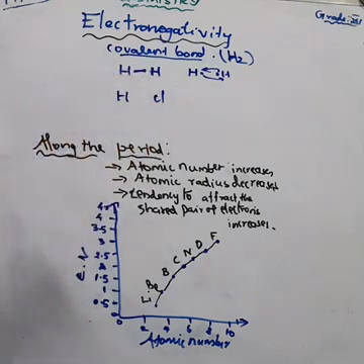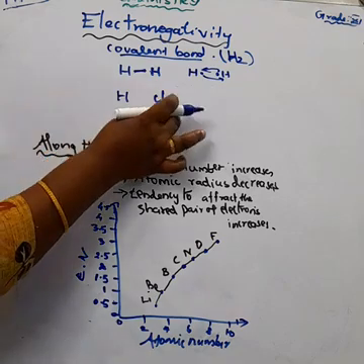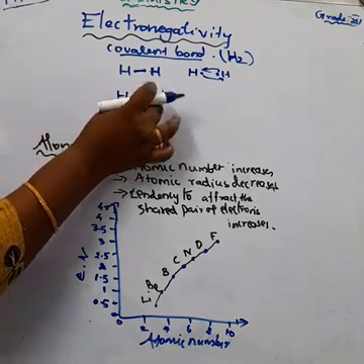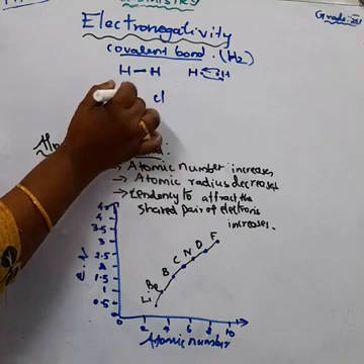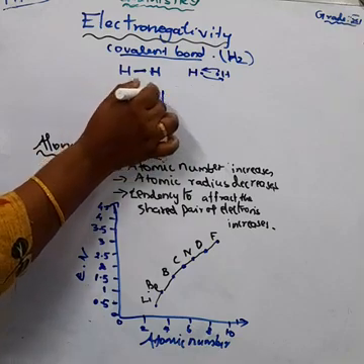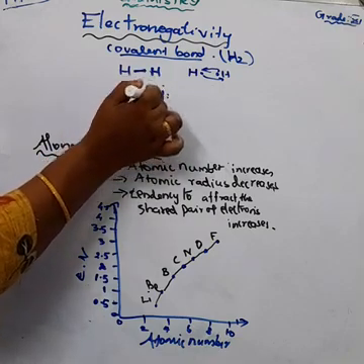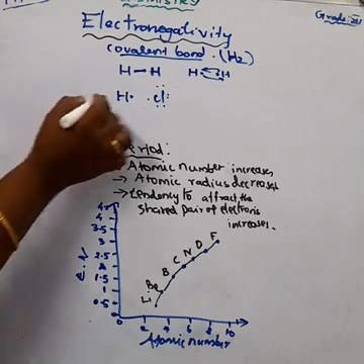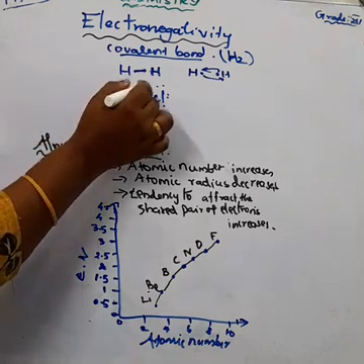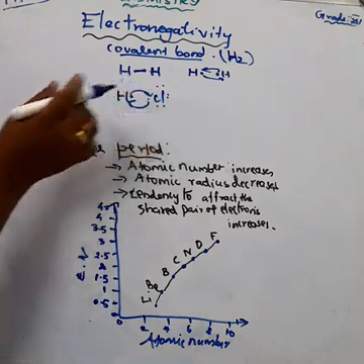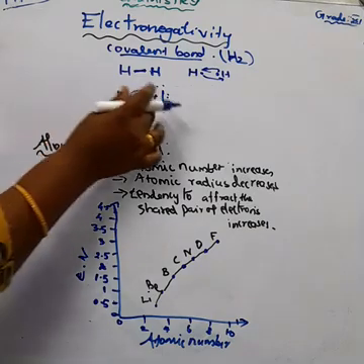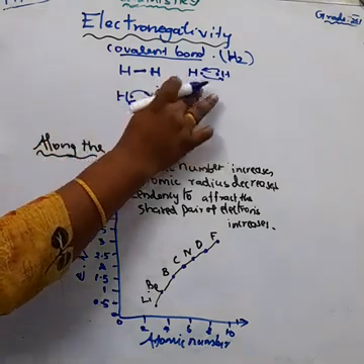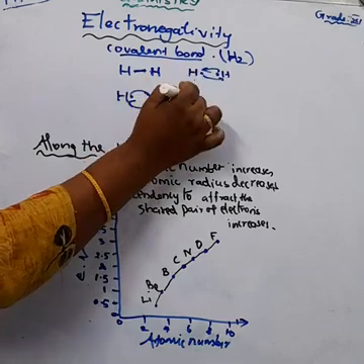When the bond is formed between the two atoms covalently, because a covalent bond means sharing, the hydrogen atom has only one outermost electron, and the chlorine atom has seven. So how is the bond formed? The hydrogen atom gives one electron to the chlorine atom, and the chlorine atom gives one electron to the hydrogen atom. These two electrons combine to form one bond, called the covalent bond.